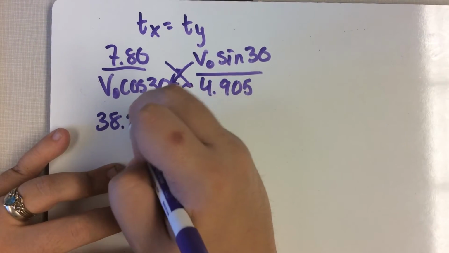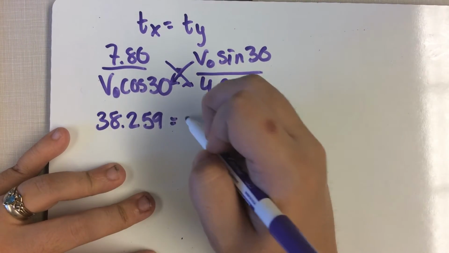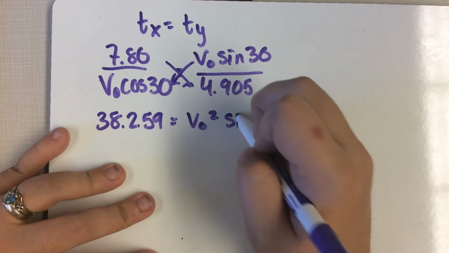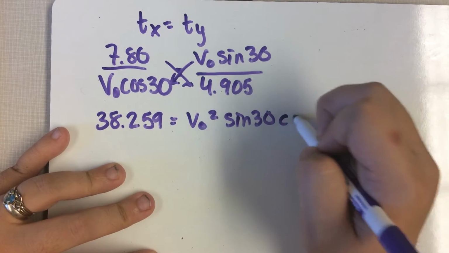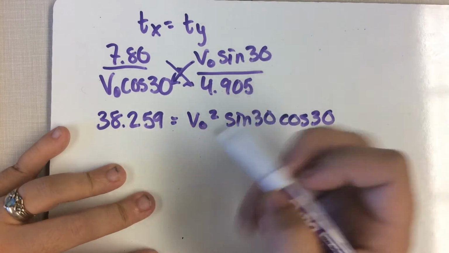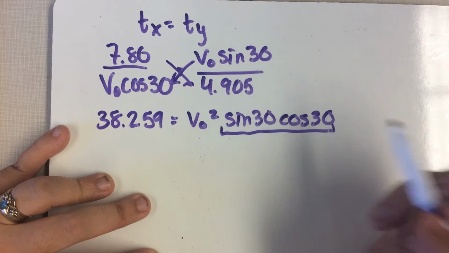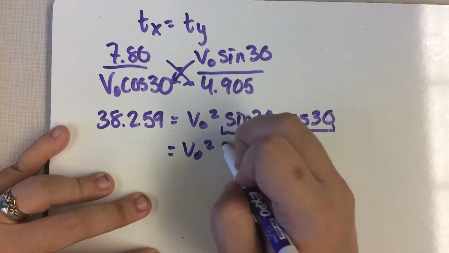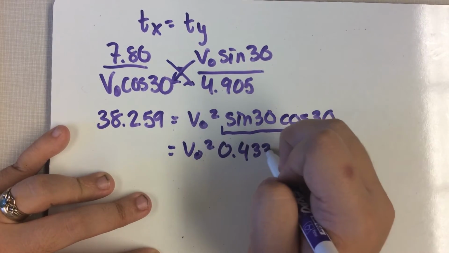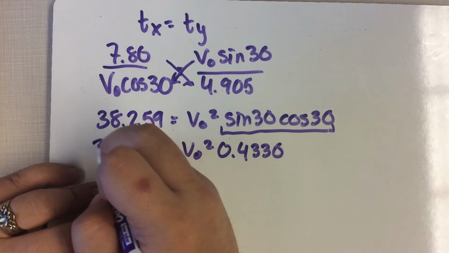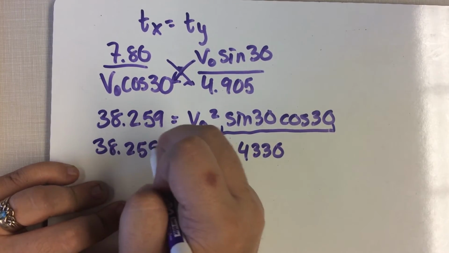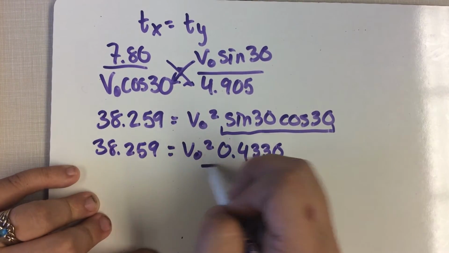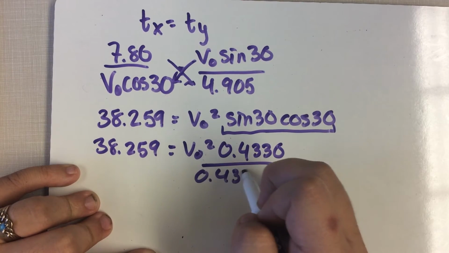I get 38 equals v naught squared sine 30 cosine 30. I can plug this into my calculator. So we have v naught squared times 0.4330 equals 38. Divide both sides by 0.4330.